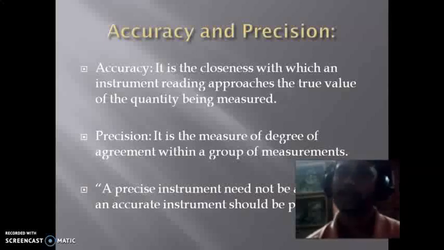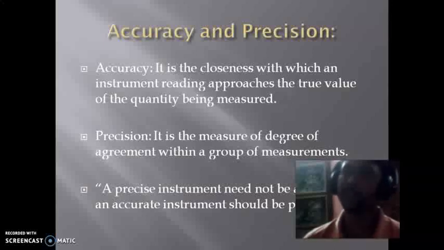Next is precision, which is the measure of the degree of agreement within a group of measurements. If you want to measure a value of a variable, we can take an example. Say we want to measure a voltage of 10 volt with a particular voltmeter.